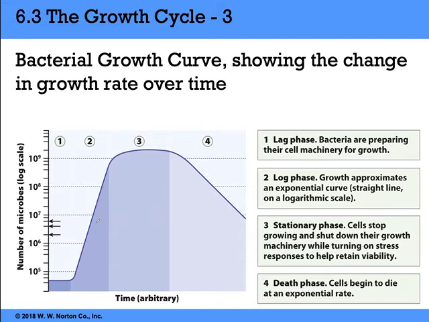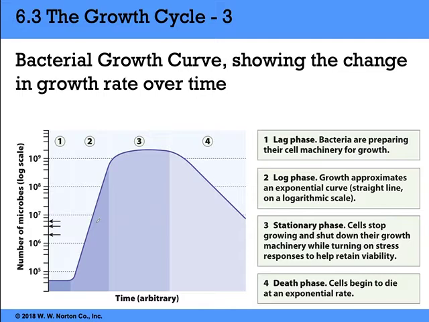At stationary phase, the growth rate and the death rate are the same. That's why the number of living cells isn't increasing, but it also isn't going down. And in the death phase, the rate of death is greater than the rate of growth. Phases of bacterial growth in a typical batch culture shown here.